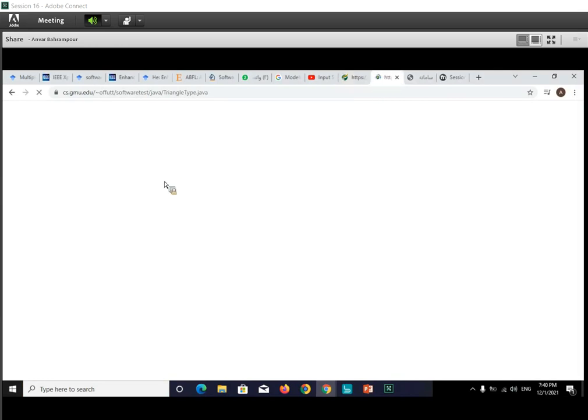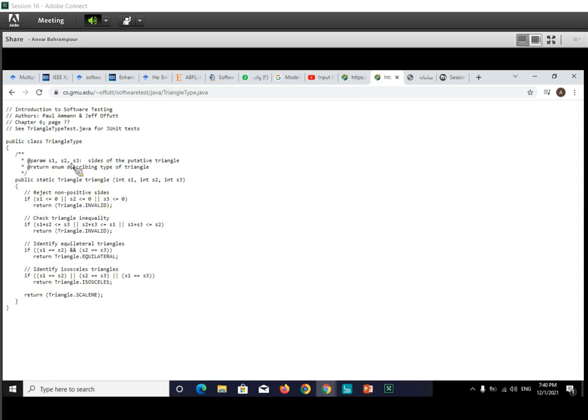Consider we have a method which takes the lengths of the sides of any triangle, and it is expected to detect the type of the triangle.